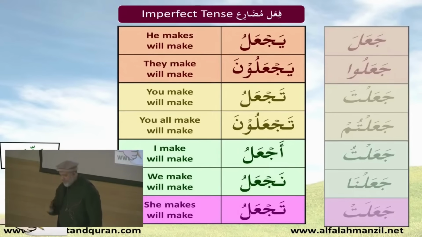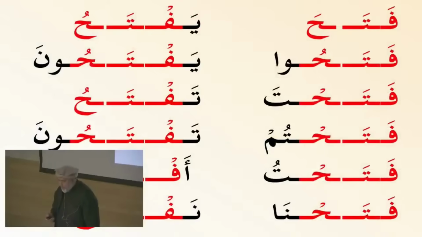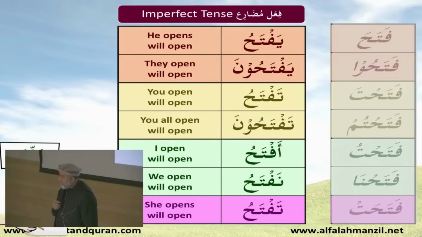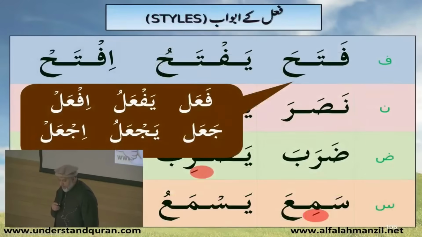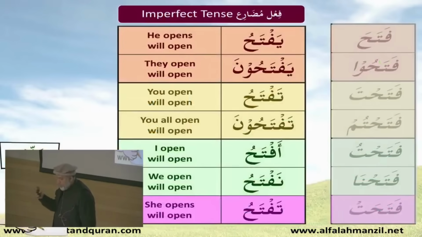So yaj'alu can also mean I will make or I make, or actually he, because yaj'alu is he, it's third person, right? Are we good or are we going too fast? Is it making sense? Okay, good. Then again, this is the same thing. You're watching that side by side so that you can differentiate between the madi and the mudari, right?